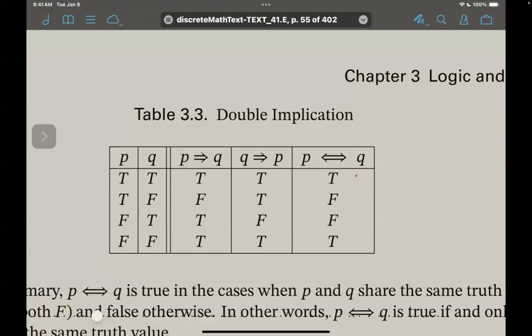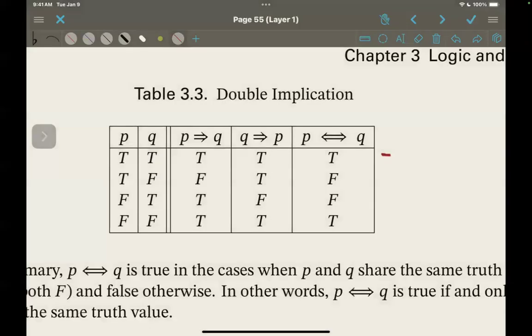So if both P and Q are true, then the biconditional is true. If one of them is false, then it's false. If both of them are false, then it's true. So let's see how that applies.